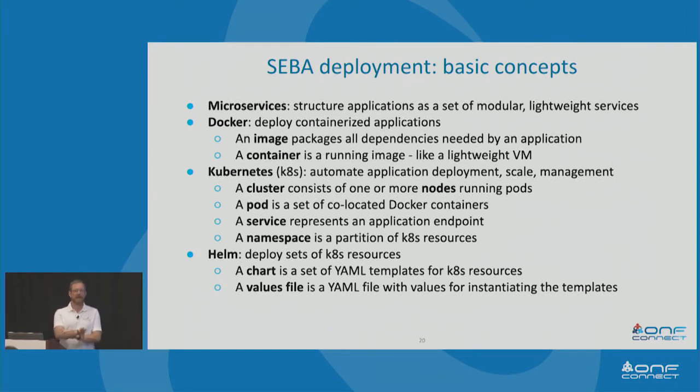When you specify a Kubernetes resource, for example for setting up a pod or a service, you'll give it a YAML file. Helm charts let you group these YAML files together and put variables in them so you can parameterize them for different deployments.